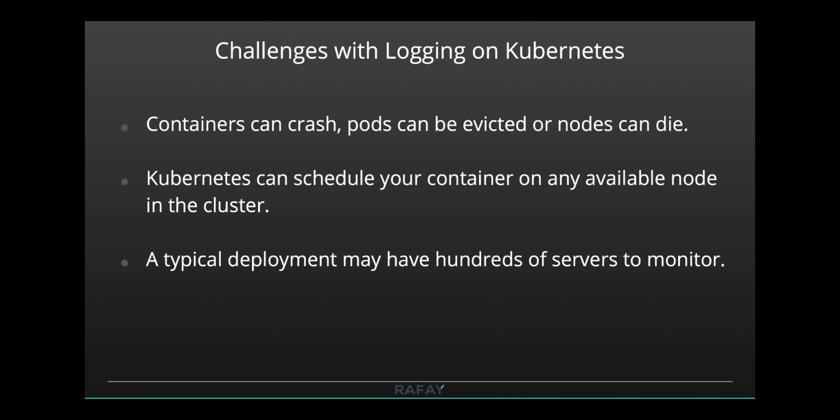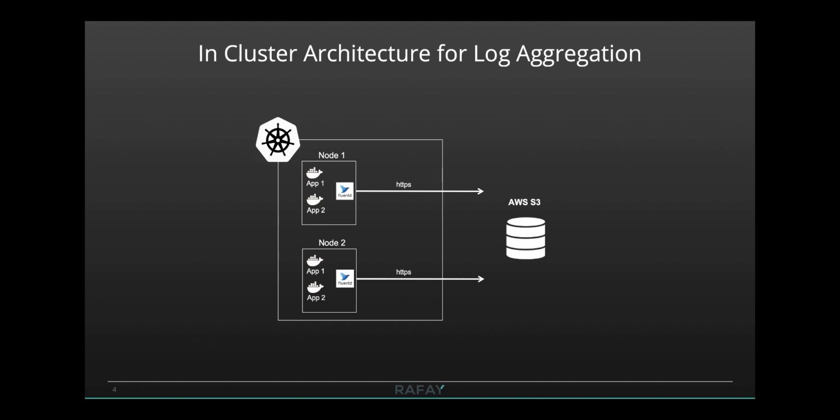Let us look at what the setup and configuration of log aggregation looks like in Rafay. Rafay automatically deploys a node-level logging agent on every node in the cluster. This agent has access to log files of all application containers operating on that node.